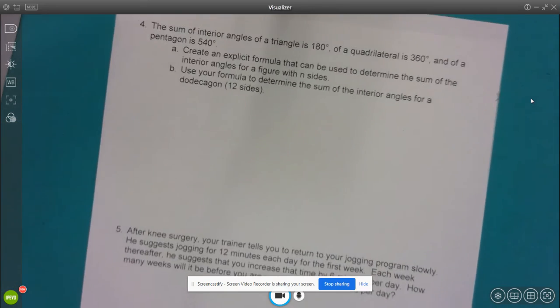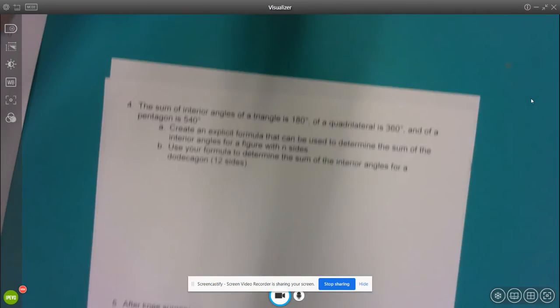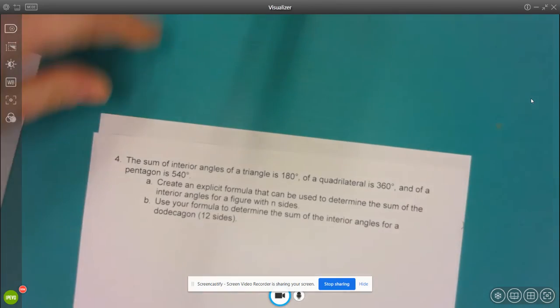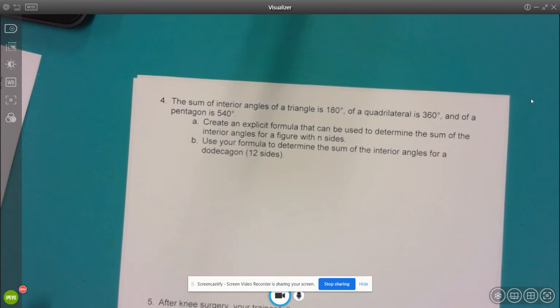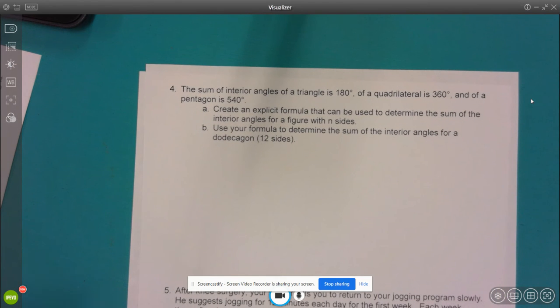All right, switching over to our question about angles. So I have interior angle of a triangle, a quadrilateral, and a pentagon. And our goal is to create an explicit formula that can be used to determine the sum of the interior angles for a figure with n sides.